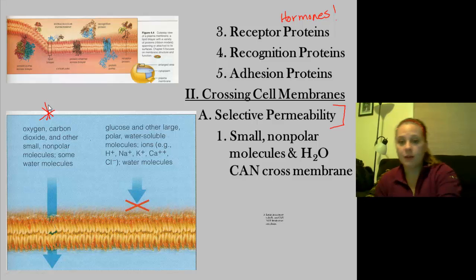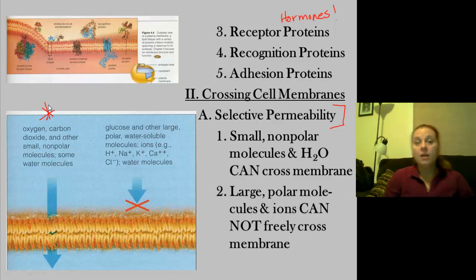However, if you're something bigger, if you're polar, if you're an ion, so even ions, charged atoms, these are small, but because they're charged, they cannot cross. So these guys are denied access right here.